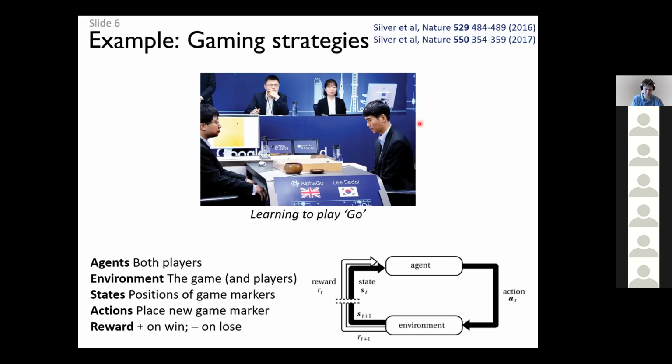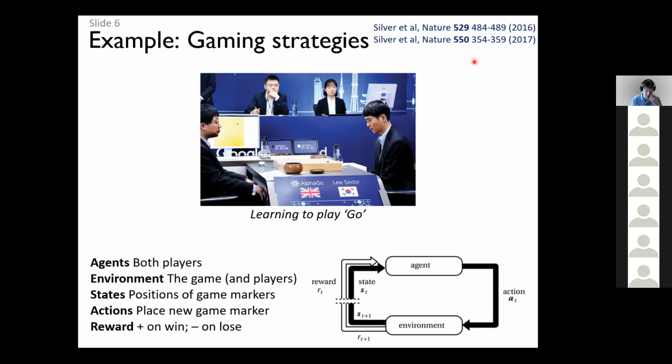So initially, in 2016, with AlphaGo, they used a large database of human moves to build up strategies or refine strategies using self-play, where the agents play against each other.